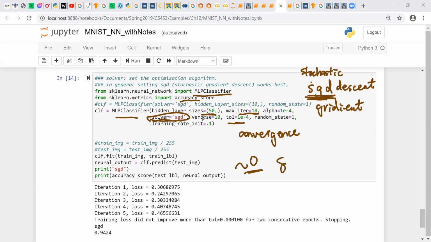And here it also has a verbose. In neural networks we use this a lot, because training takes time, especially for deep ones, which are very slow. The verbose can be 0, 1, or 2, and here it has 10.